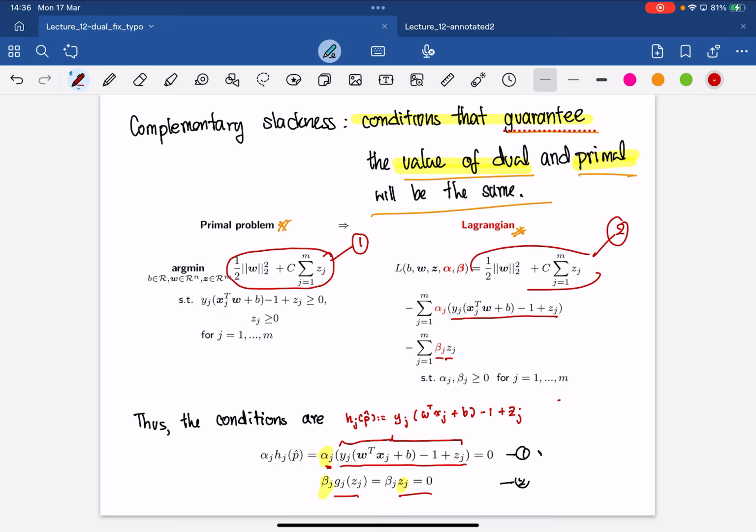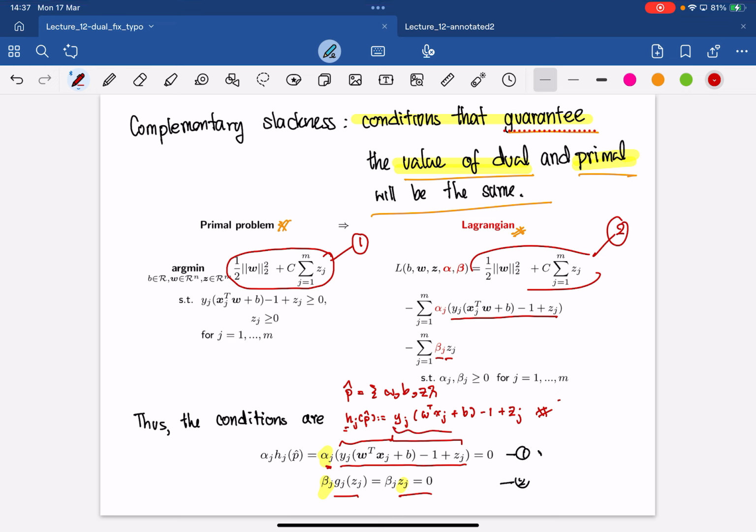And in this case, I would like to provide some new notation. Let's define h_j of p hat as the function of this, the constraint of the primal. Not sure how to name it. There are so many names at the moment. Where p hat is a set of the normal vector, bias, and slack variable.